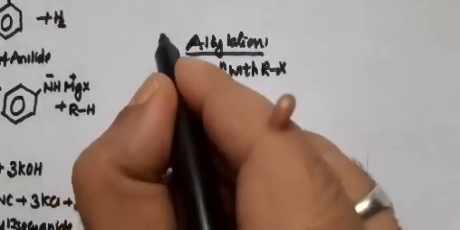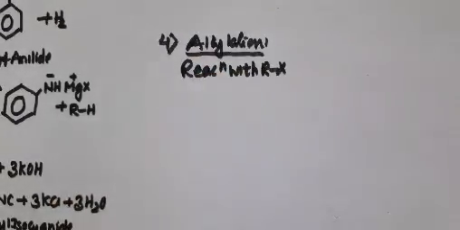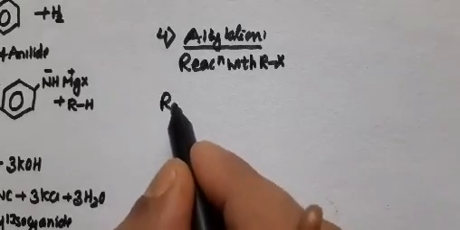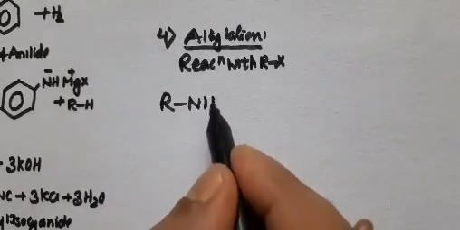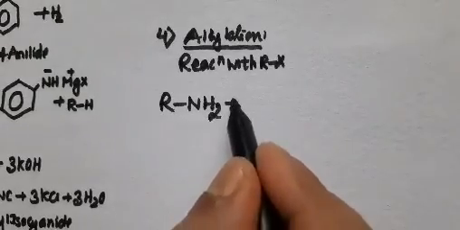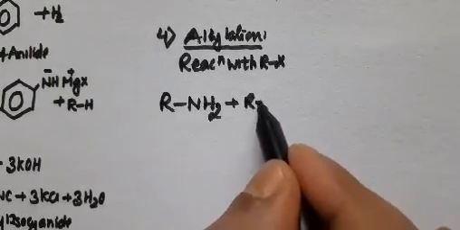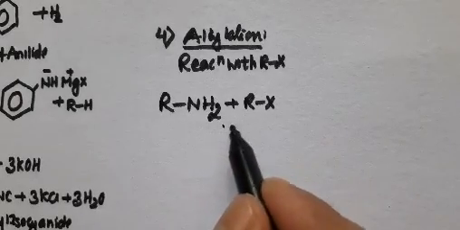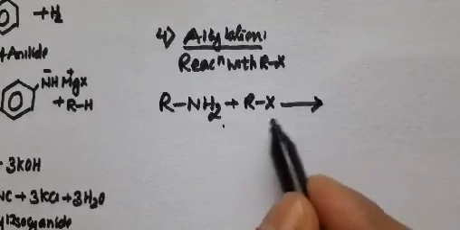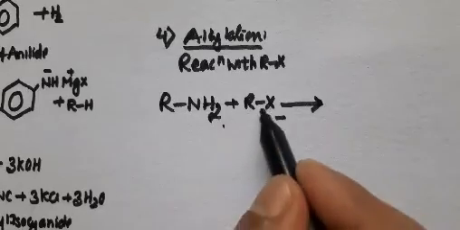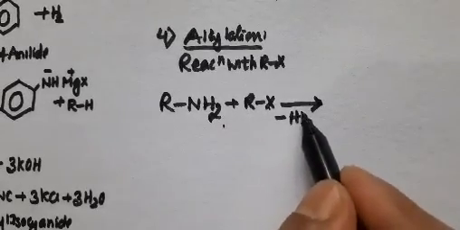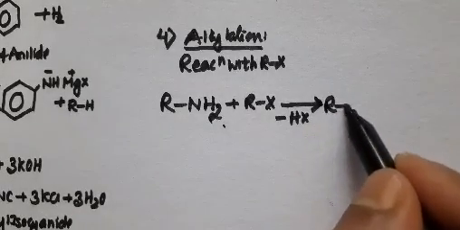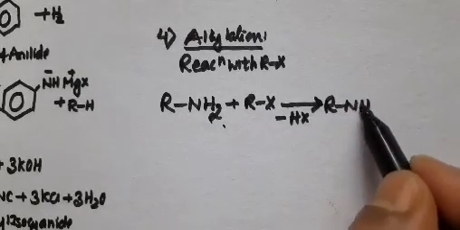So this is the fourth reaction. Let's see how it works. RNH2 plus RX, one hydrogen and one halogen removing out as HX, and it will be RNHR.